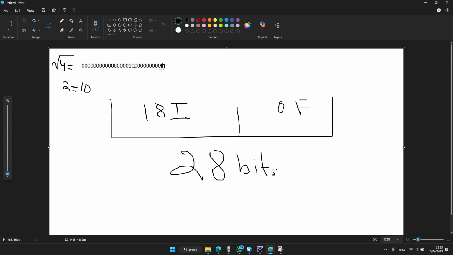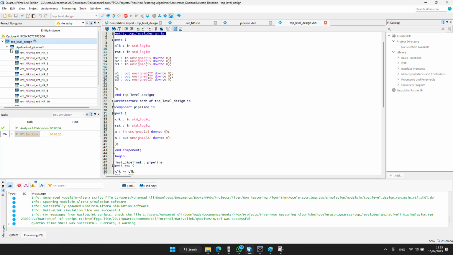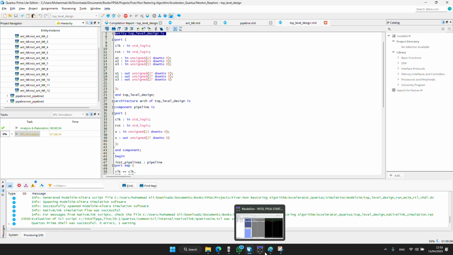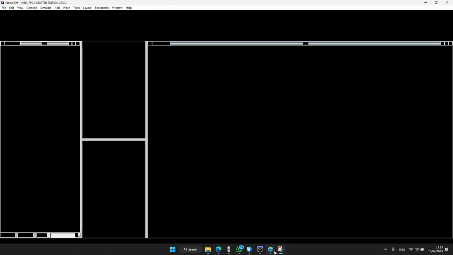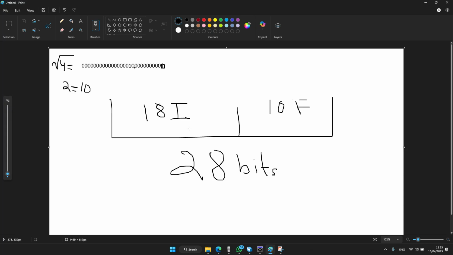There are 12 stages in our code. If there were more stages, maybe the answer would become more accurate, but that would mean it will take more time, and in hardware, if the answer is accurate enough, we accept it. Here the answer is accurate to the 10th fraction bit, so it is very accurate, very, very near to the actual answer.